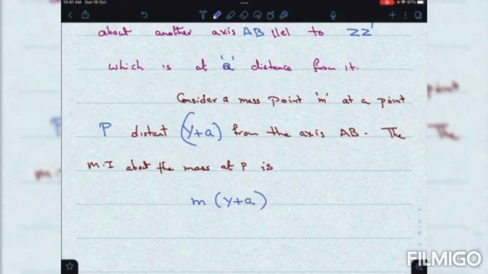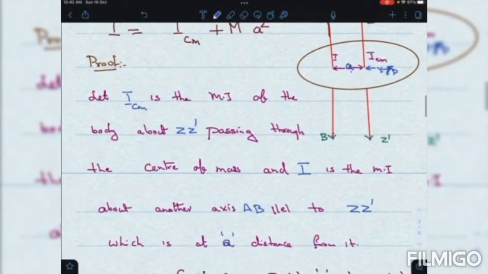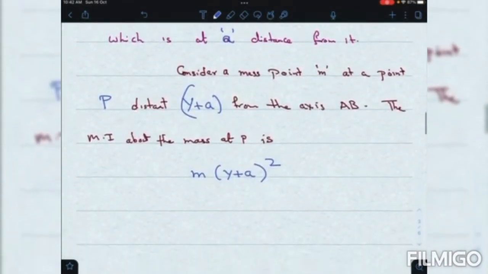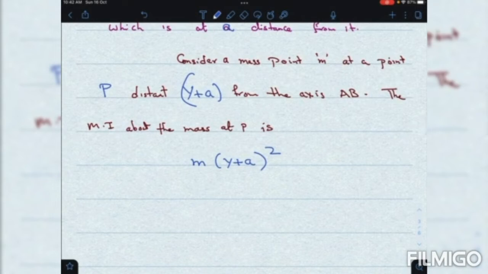So it is m into y plus a the whole square. Now it is just one small point which you have considered here as P. You can consider an infinite number of points all over the rigid body. So we can take the total mass, that means the moment of inertia of the whole body.